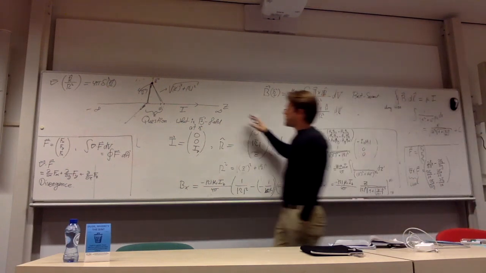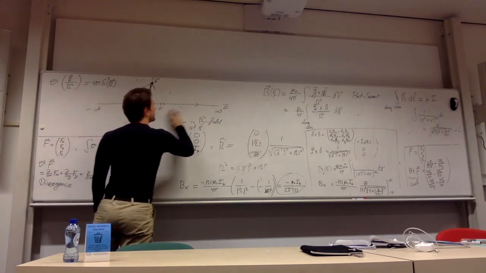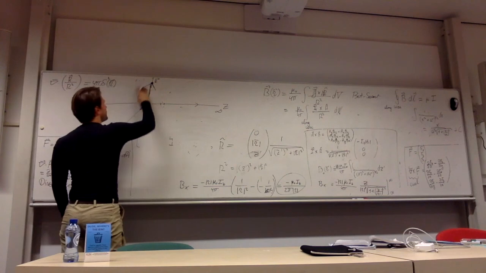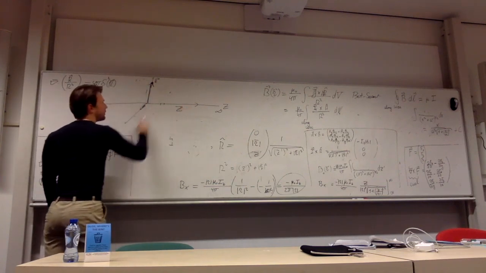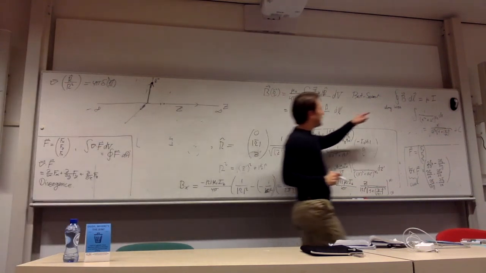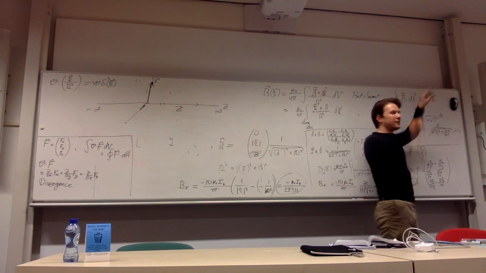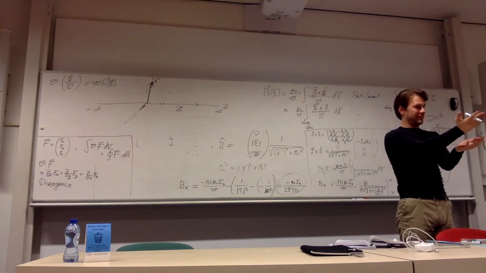Let's go back to our situation. There we go, exactly the same situation. What it says here, if you recall, is what you had to do here: take a disk and see how much current was flowing through the disk.